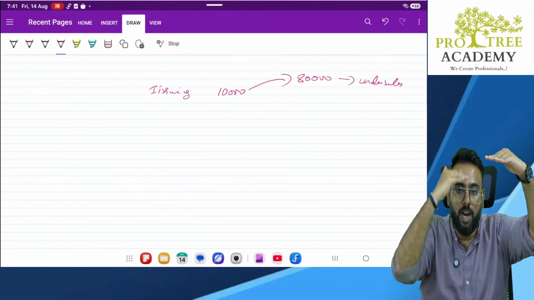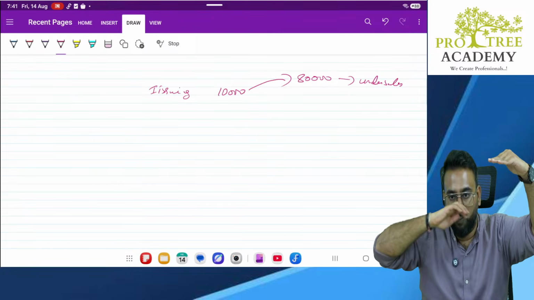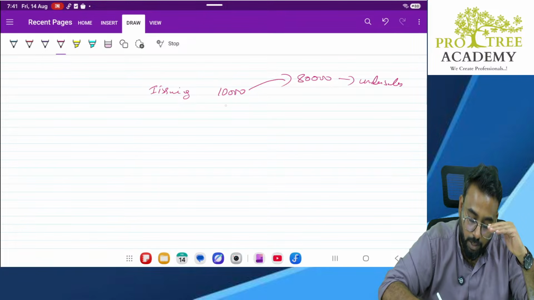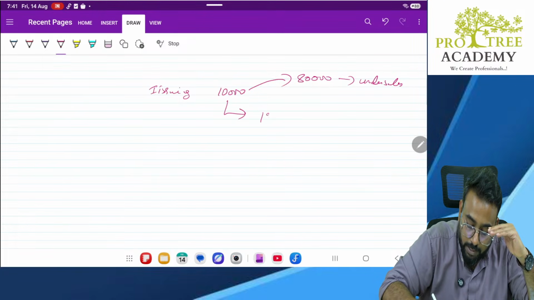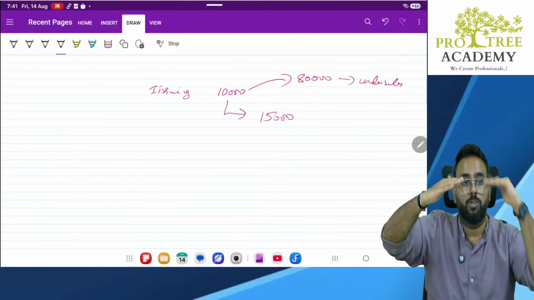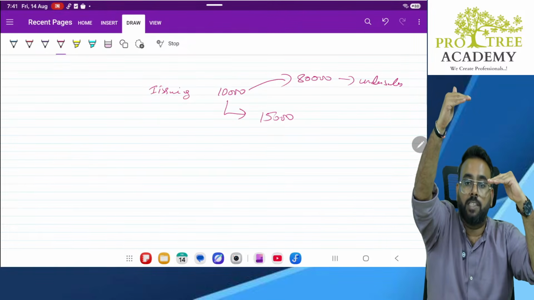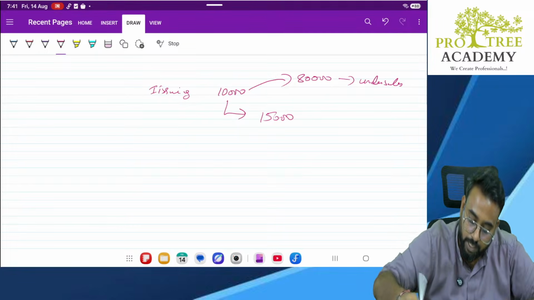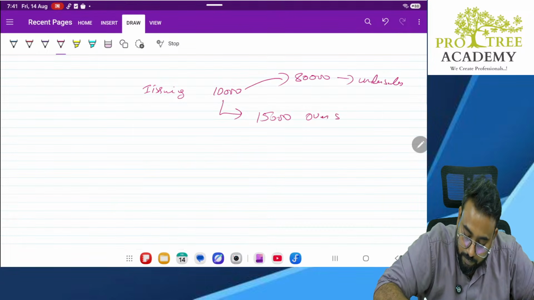They are under the limit fixed by you. If you are issuing 10,000, but the public has subscribed for 15,000, that means you have received applications for 15,000. So 10,000 is your limit, and the public has asked for 15,000. So this is called over subscription.